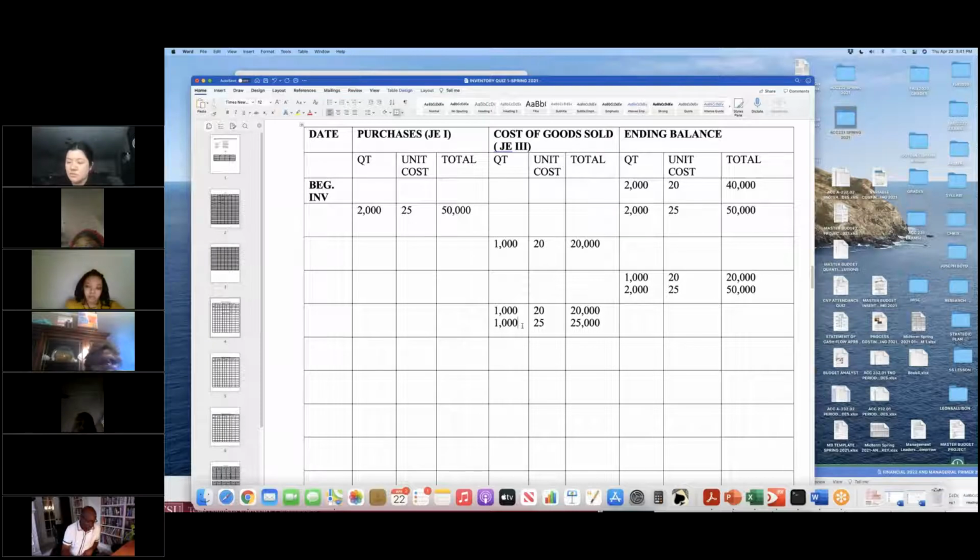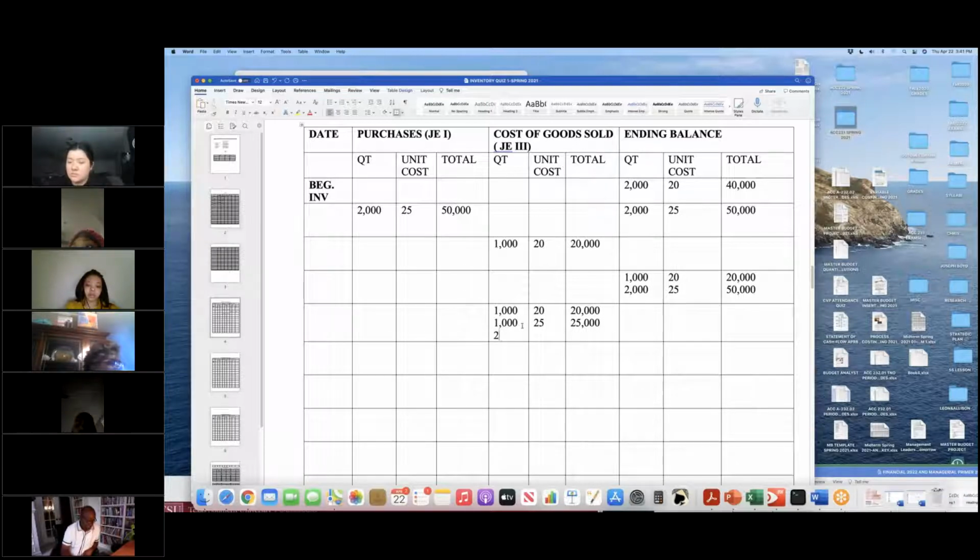So I've got 2,000 sold. And the cost of those 2,000 in this transaction is going to be 45,000.